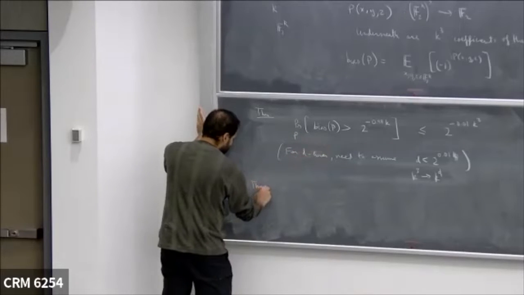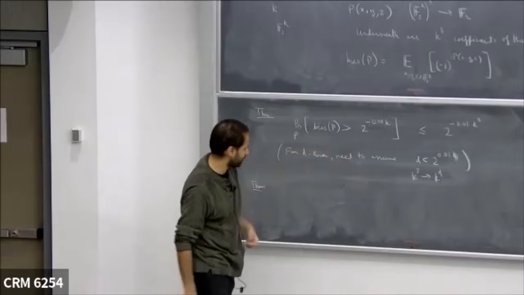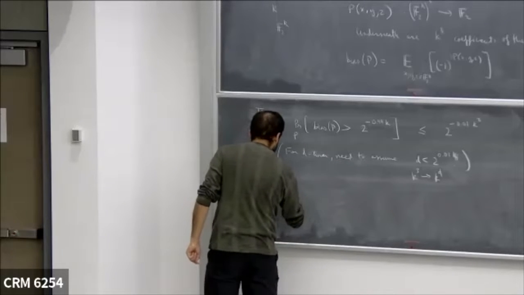And the intermediate theorem is the statement about this probability.